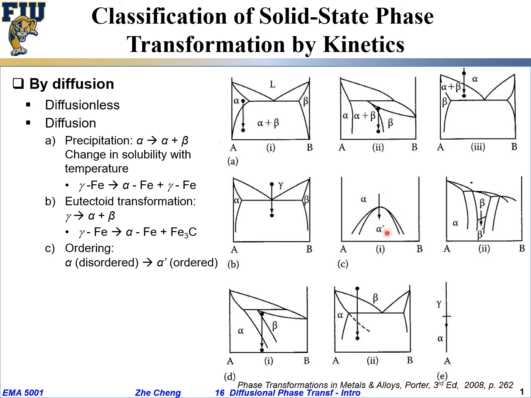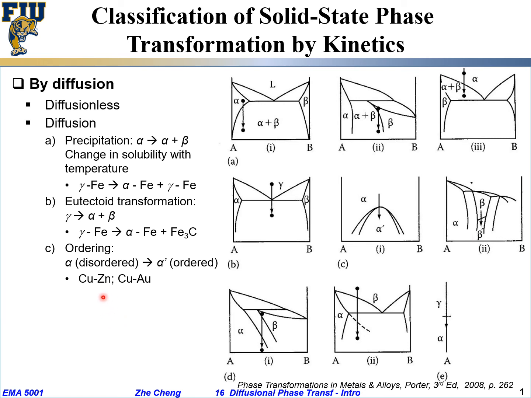Quite often, the lower temperature phase alpha prime would be the ordered, while the high temperature phase alpha would be the disordered, which means the atoms more or less mix in a random fashion. Another similar example is going from beta phase to the beta prime phase. Okay, but in this case, there's still long-term diffusion involved.